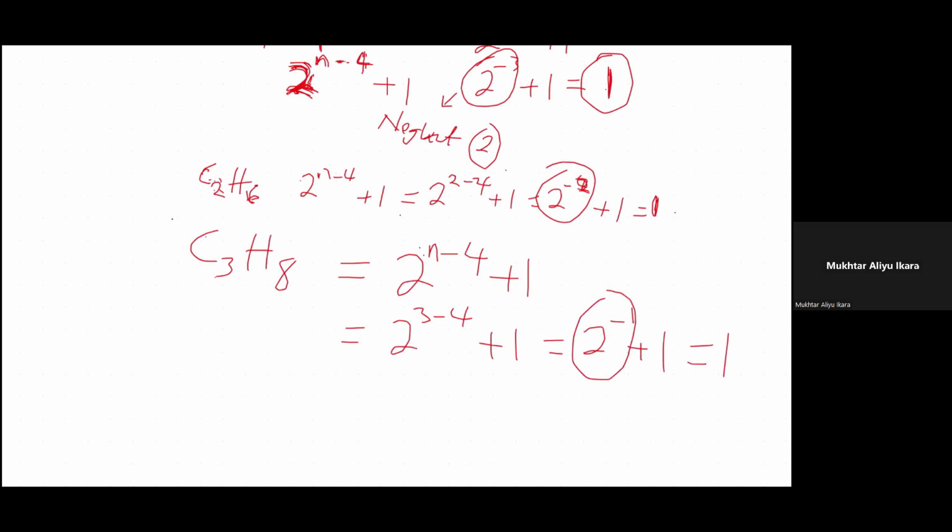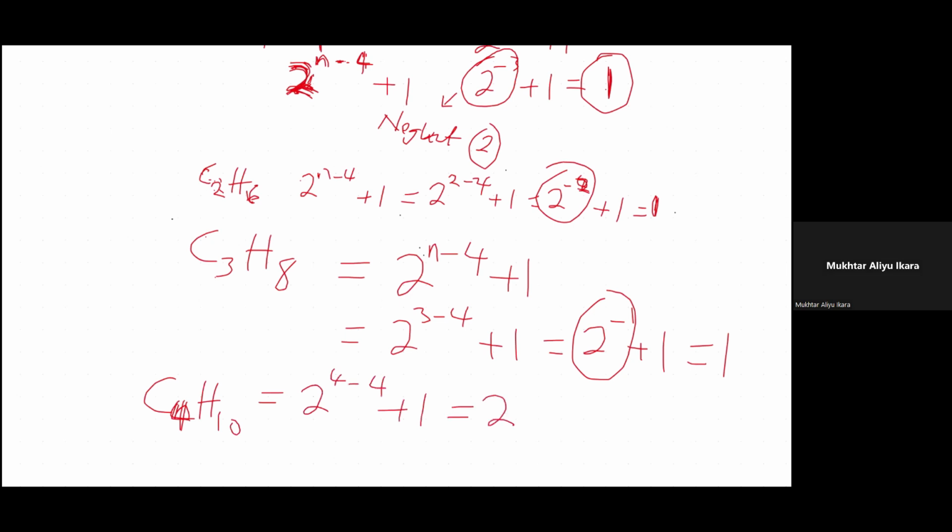Butane has a formula of C4H10. So if we now take the formula 2 raised to the power of n, where n reflects the number of carbons we have, 4 minus 4, then plus 1. So 4 minus 4 is 0.